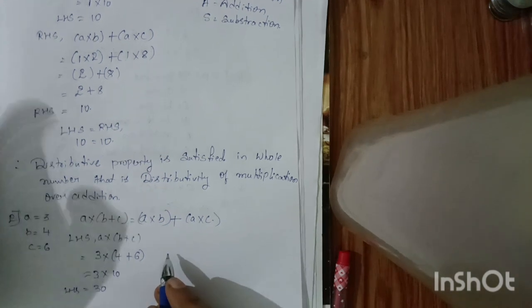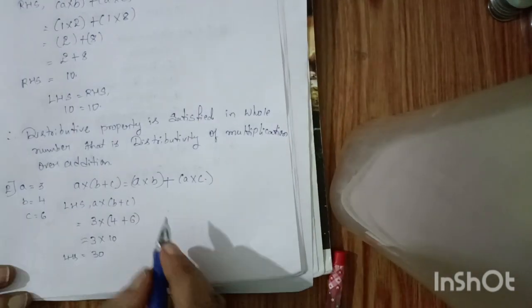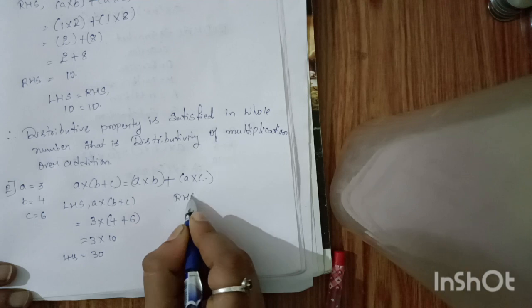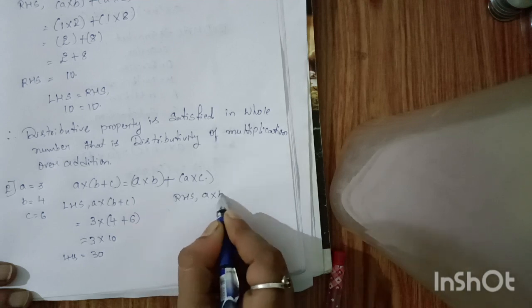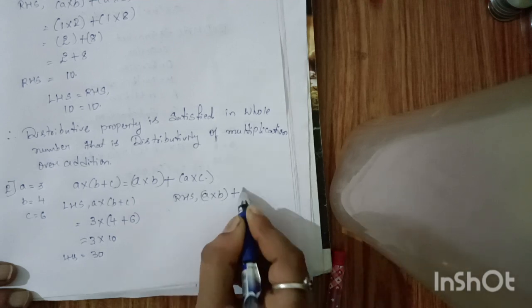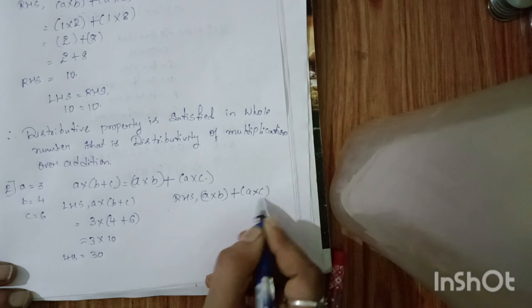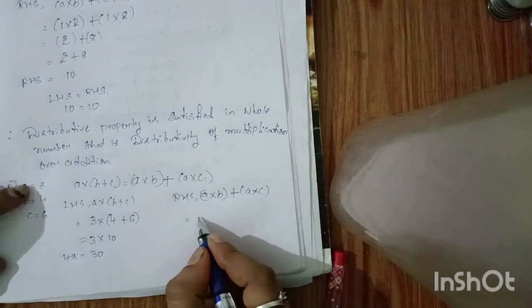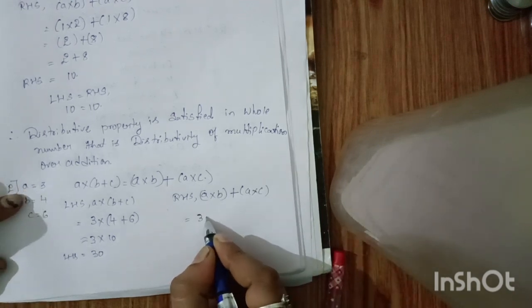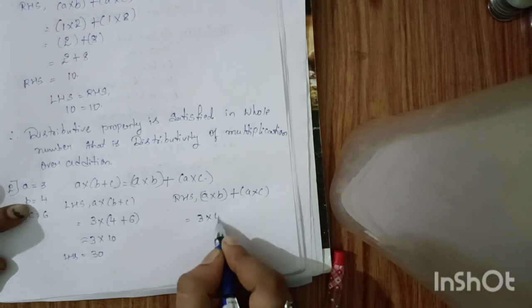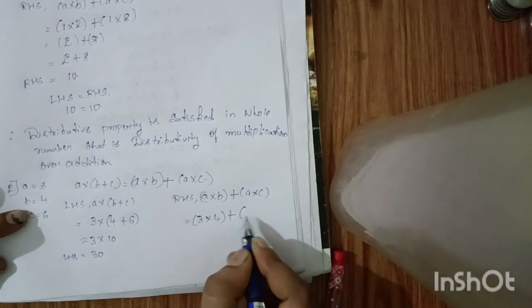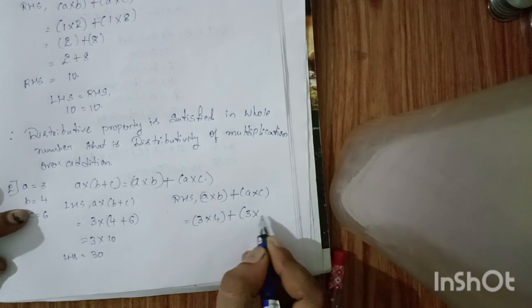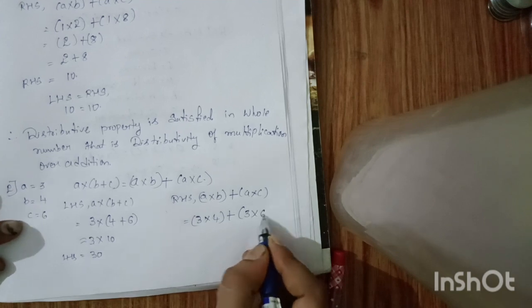Next we will move on to the RHS. So what does RHS say? a into b plus a into c. So substitute the values. Value of a is 3 into value of b is 4, plus value of a is 3 into value of c is 6.